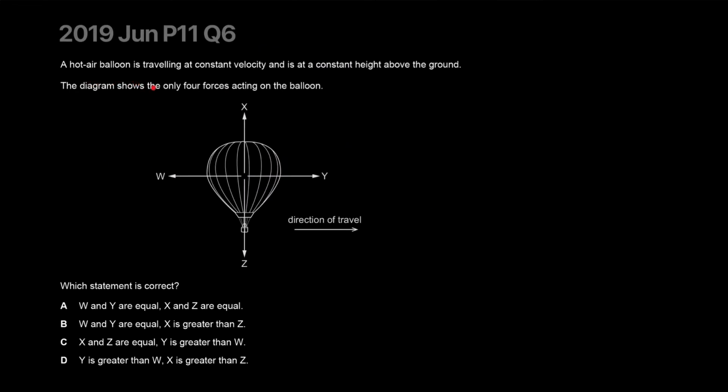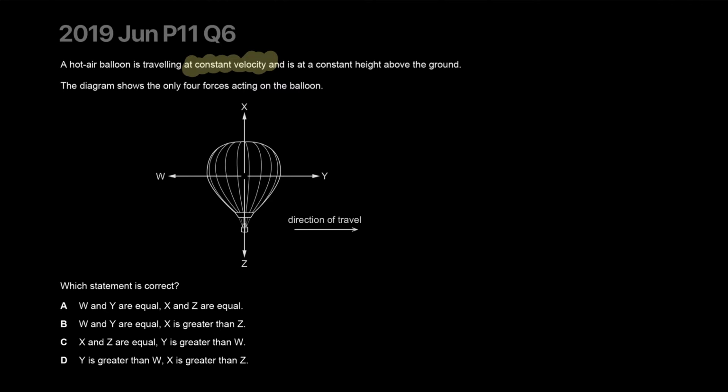A hot air balloon is traveling at a constant velocity and is at a constant height above the ground. The diagram shows the only 4 forces acting on the balloon: W, X, Y and Z. It's at a constant speed.